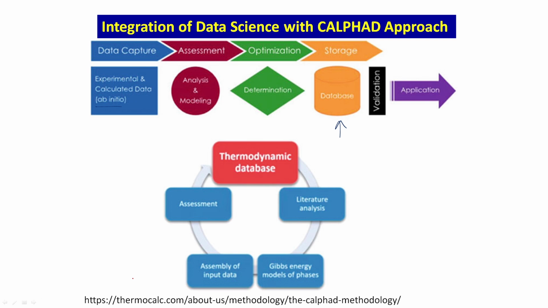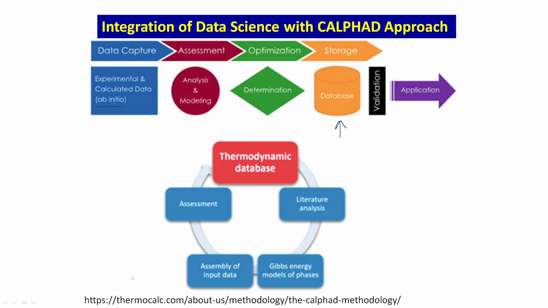So, we have to capture data first, carry out experiments and computational aspects of data, computational means ab initio or statistical thermodynamics, and then we have to assess the data whether they are good for modeling or not. And after it is assessed, you need to optimize the data for a particular material system.